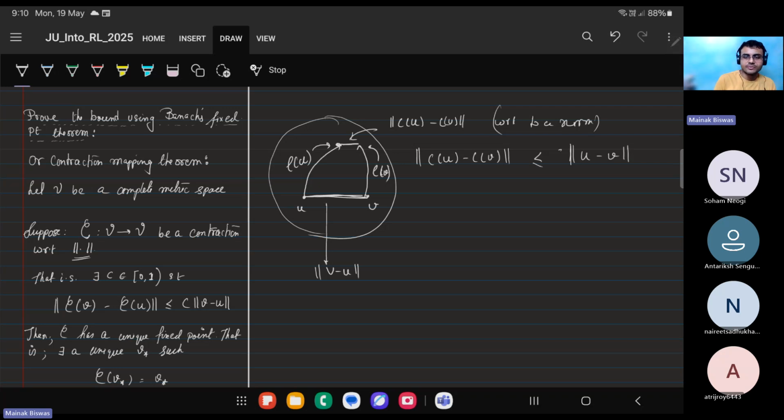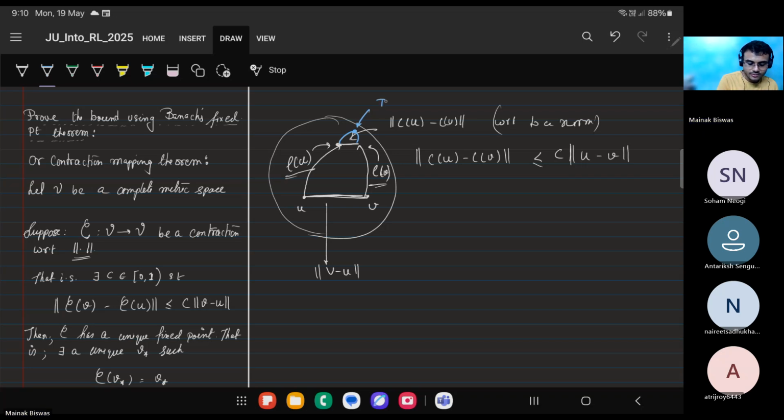So what does it say? It says that if we keep on passing any vectors through this operator C, this would only bring the vectors closer together. Always, every time you put them through the operator, it would only bring them closer together. So what will it end up with?